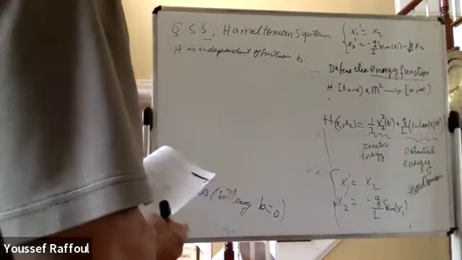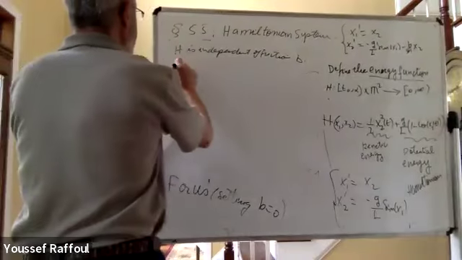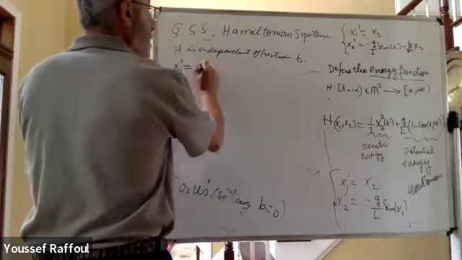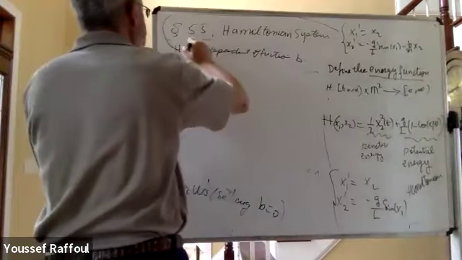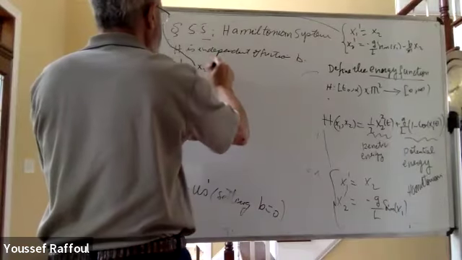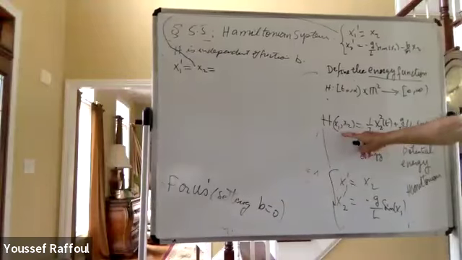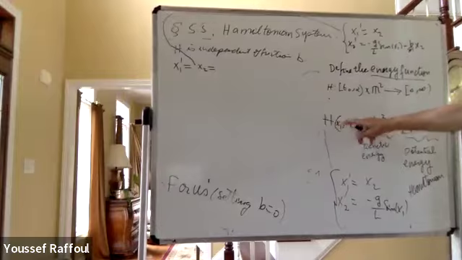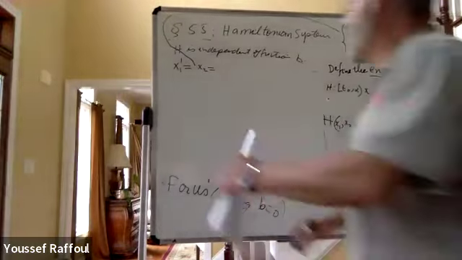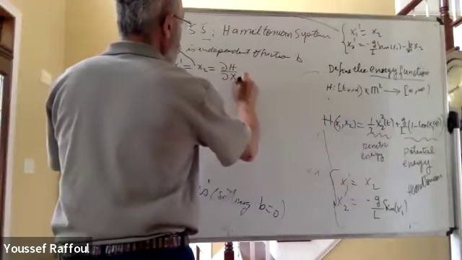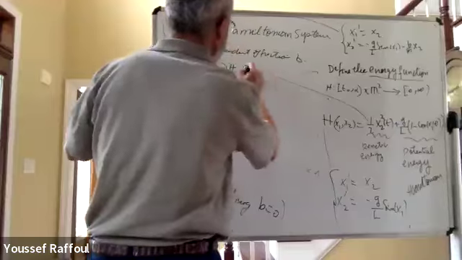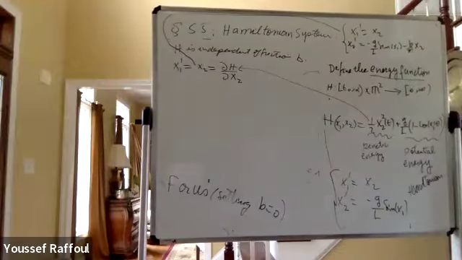Notice, what is x1 prime for us? x1 prime is equal, by definition, to x2, but that is, if I take the partial derivative of H with respect to x2, what do I get? That is del H over del x2 from here. Do the partial derivative and you will see you will get it.